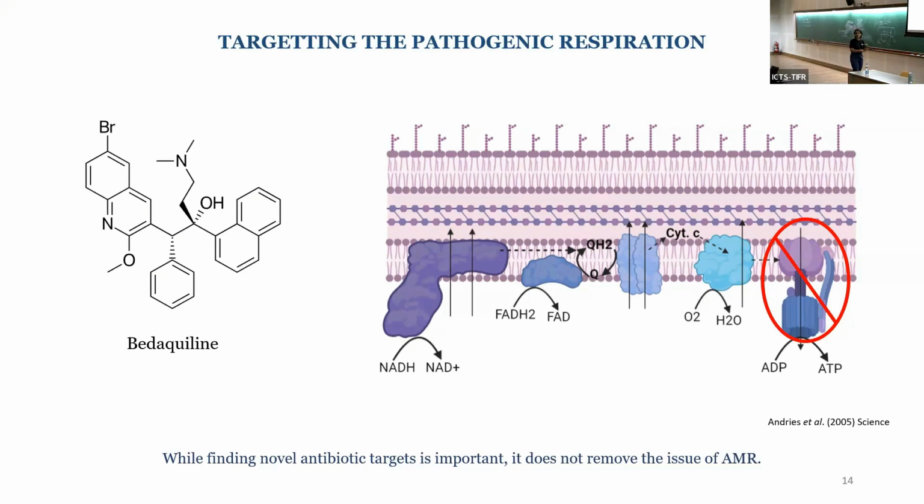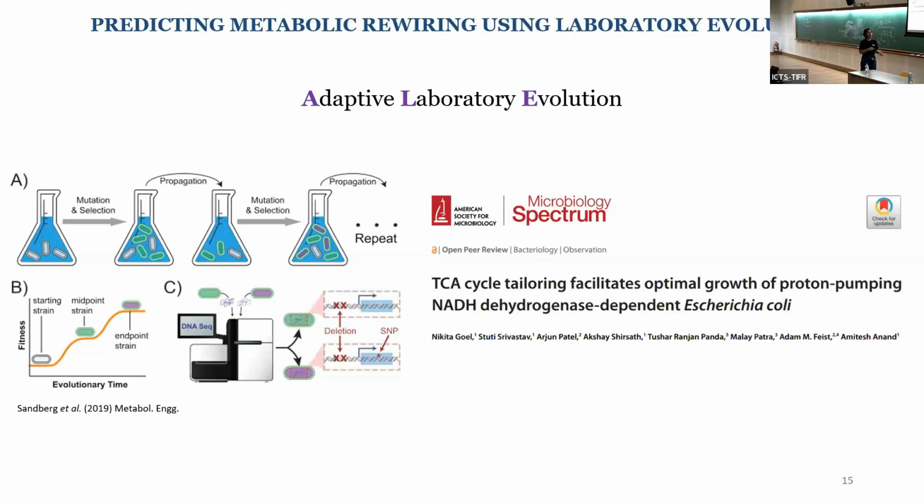And that's where we come in, and we do adaptive laboratory evolution in the lab. Just a little bit of a refresher about what ALE is. ALE is adaptive laboratory evolution. You have your bacteria growing in cultures, and you provide them with a certain selection pressure, which can be an antimicrobial, for example. And then you passage them for several generations.